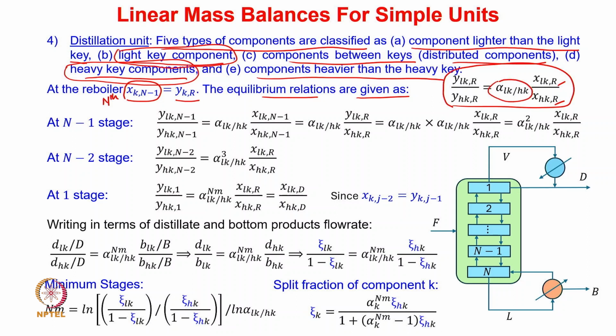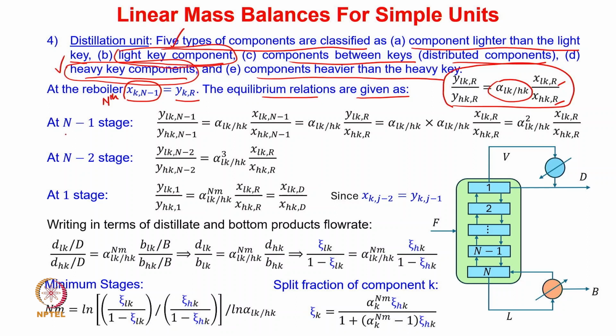So here relative volatility alpha Lk Hk is nothing but the relative volatility of light key component with respect to the heavy key component. Remember we are saying that this light key component and this heavy key component we are going to specify initially.